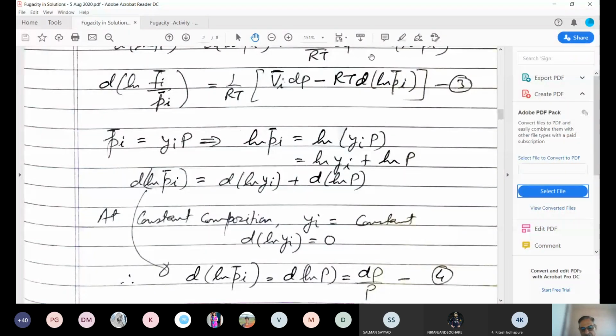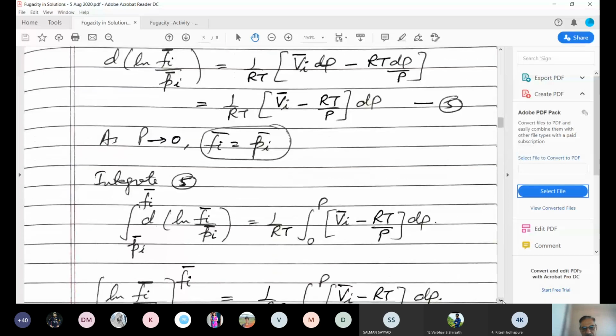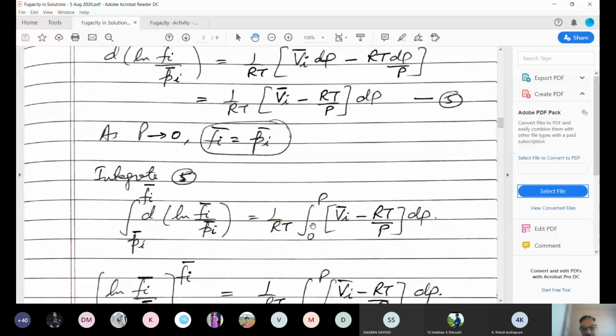Sir, please explain the limits once again. Okay, the limits. We are integrating from low pressure to any pressure. Low pressure could be 0, we are taking it as 0. This could be 5 atmosphere, 10 atmosphere, whatever the system pressure is. We want to find out what happens when the system goes from low pressure, when it is ideal, to any pressure when it is say non-ideal. At low pressure we have seen that Fi bar is equal to Pi bar.